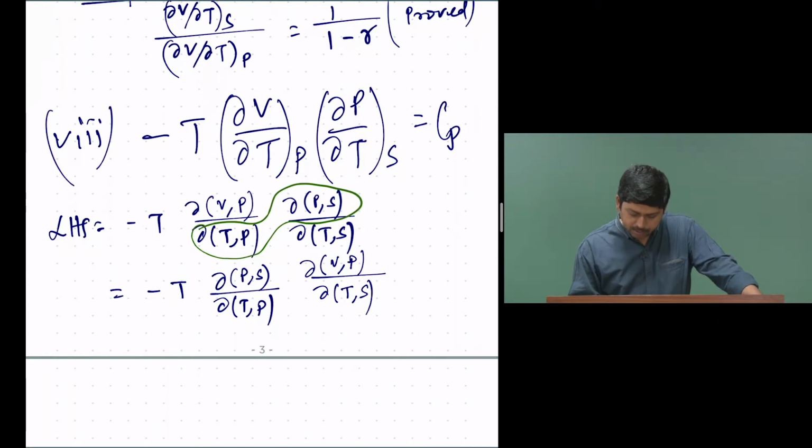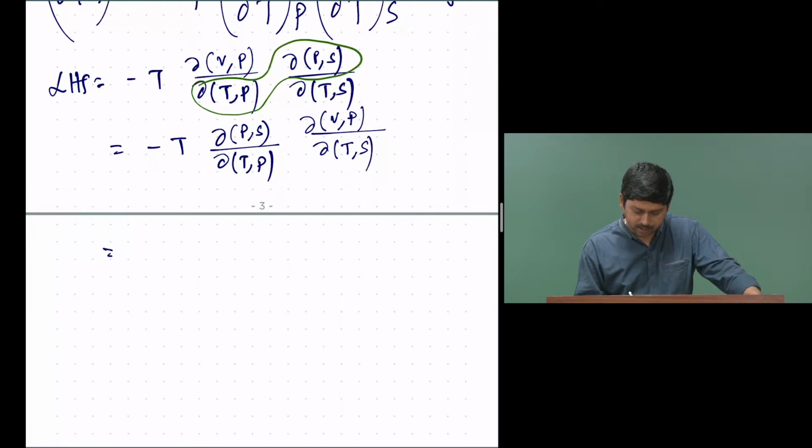So, del V P del T P del P S del T S, fine. Now, del P S and T P, there is a reason, because you know that we want to do del S by del T at constant pressure, and V P, and that gives us T S. So, that is fine. Let us continue.